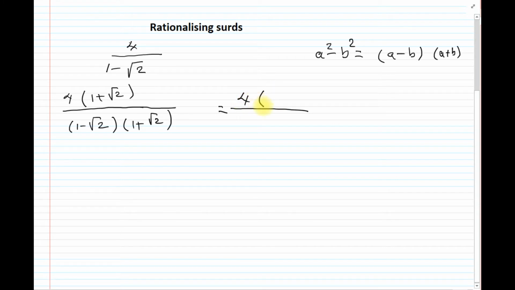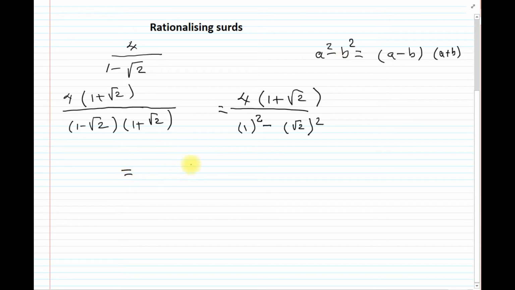So this will be 4 times 1 plus square root of 2. Now 1 minus square root of 2 times 1 plus square root of 2 becomes 1 squared, I keep them in bracket, minus square root of 2 squared, according to this identity here.